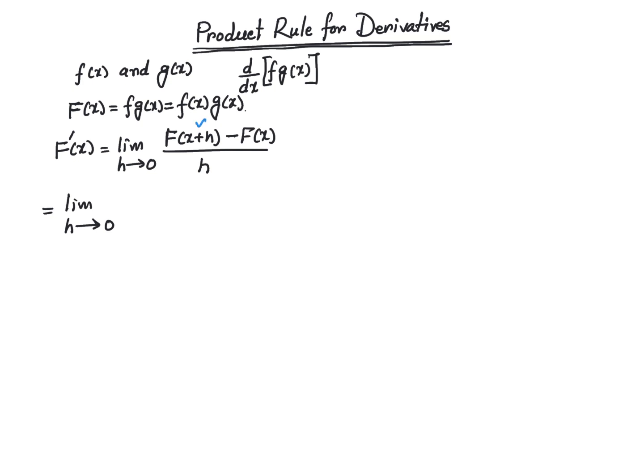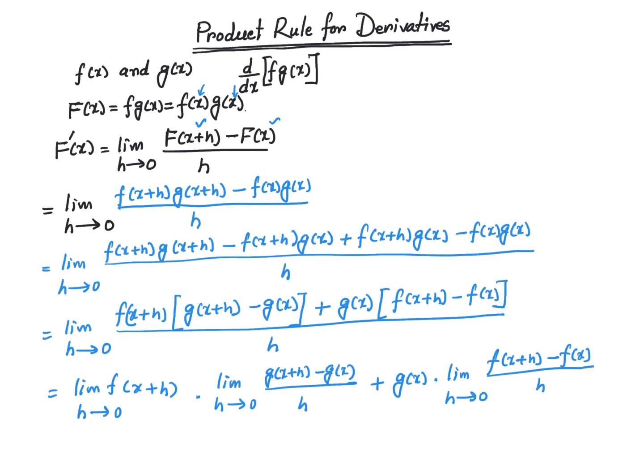It is literally going to be replace x by x plus h here for F. So that's going to give me f of x plus h times g of x plus h, and then minus uppercase F of x, which is lowercase f of x times g of x, and all of it divided by h.